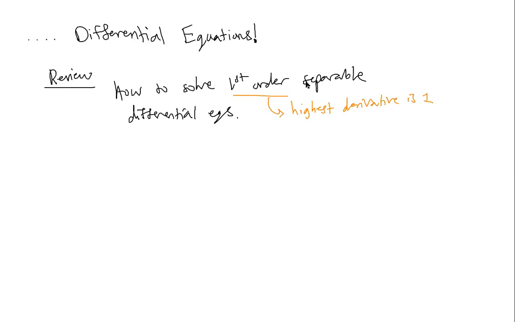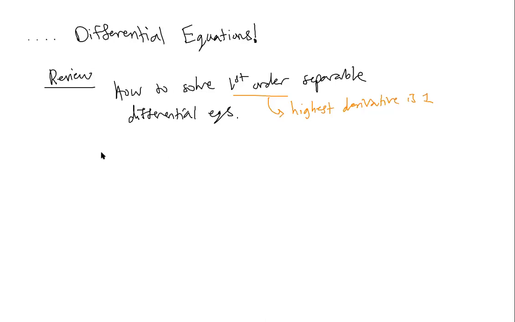And separable means that you can put all your y variables on one side and your x variables on the other, just like you would solve a normal algebraic equation.